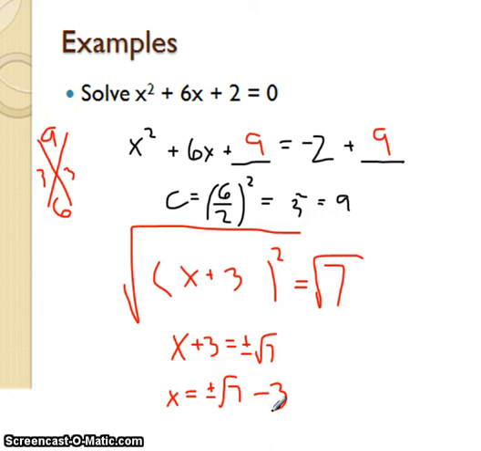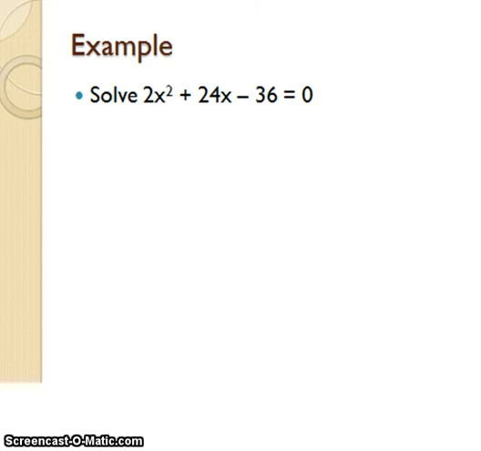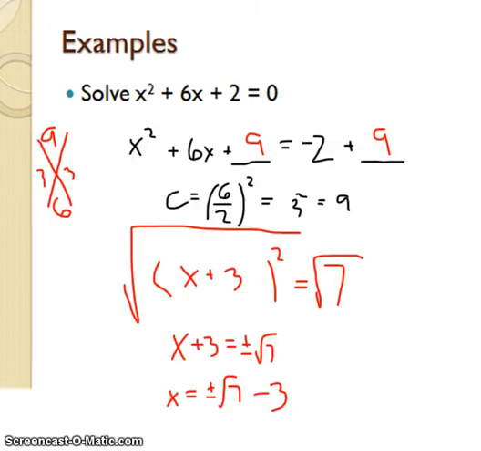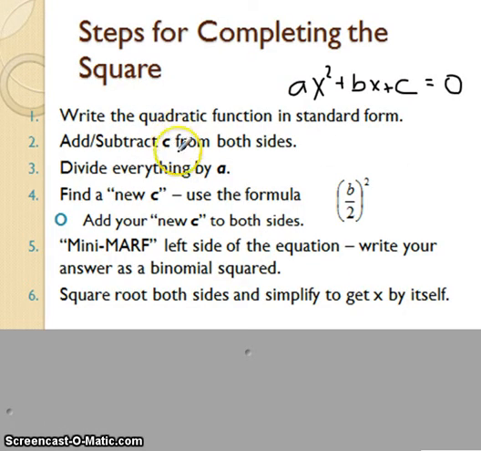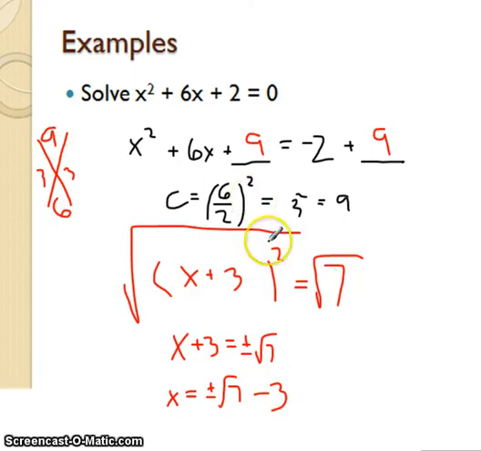All right, let's look at another example. Here's one where you've got to make sure that you do this step right here. After we subtract c, we're going to divide everything by a. I did not have to do that on the first example because a is equal to 1, and it's redundant to divide by 1.